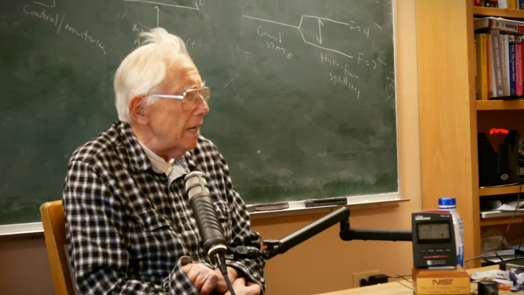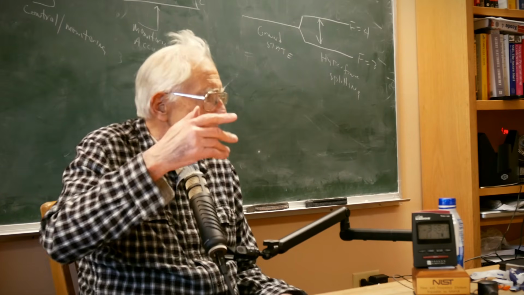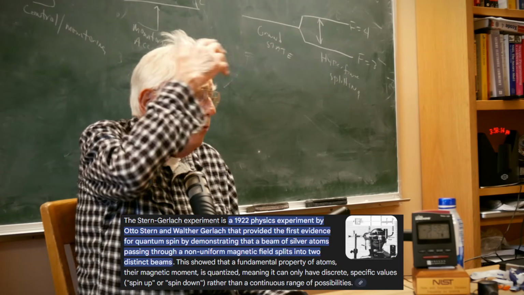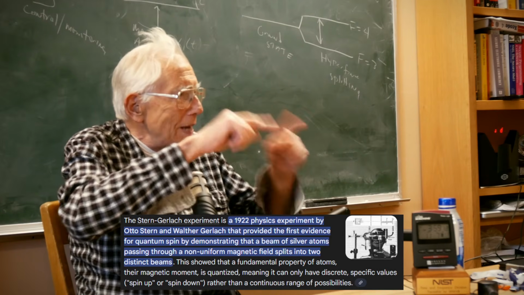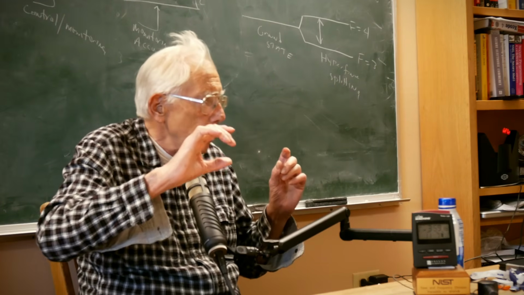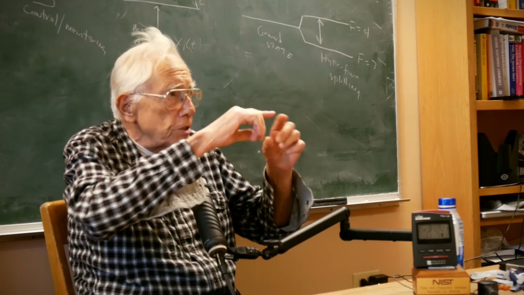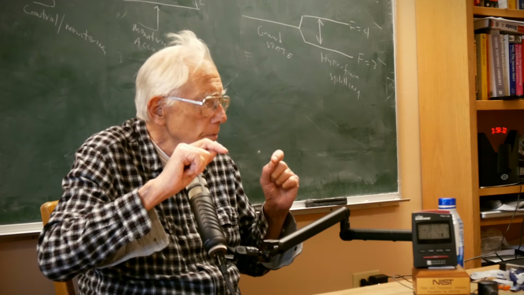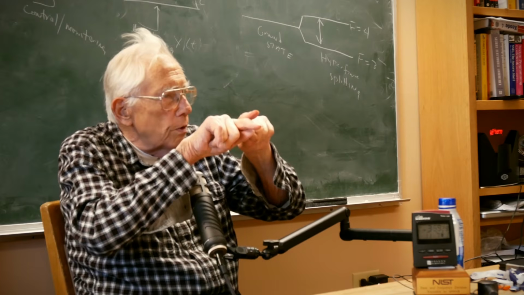The magnetic selection was known earlier. It was back in the Stern-Gerlach experiment. The Stern-Gerlach experiment, back 30 years before, in 1920, demonstrated that you could separate a beam based on the magnetic moment, so the states were physically separated.